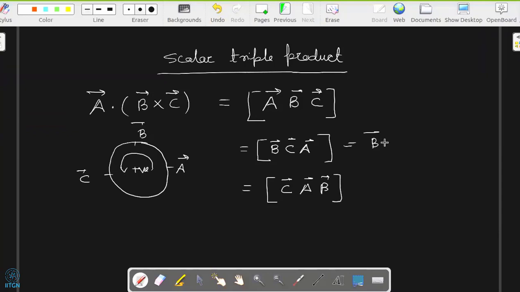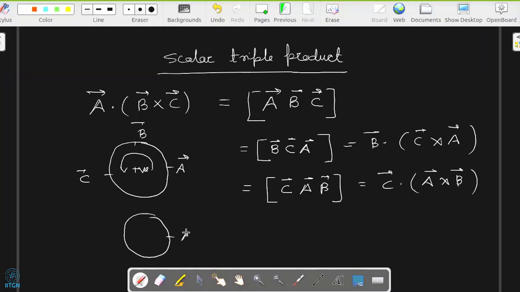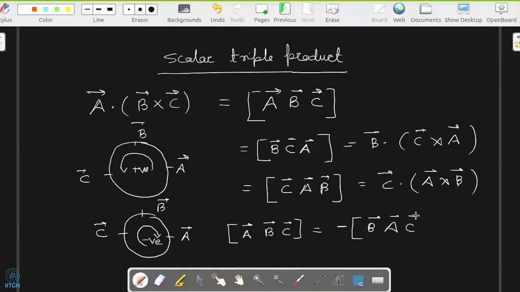So it is B dot C cross A. Here it is C dot A cross B. If it is the opposite, so if you have the cyclic permutation in the clockwise direction, then A, B, C is equal to minus B, A, C. So these are some properties of this scalar triple product, and also you know that this is the volume of the parallelepiped made by the three vectors A, B and C.